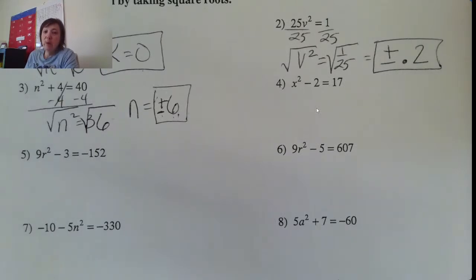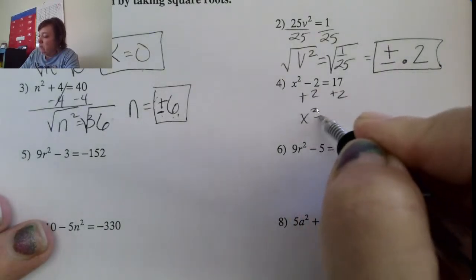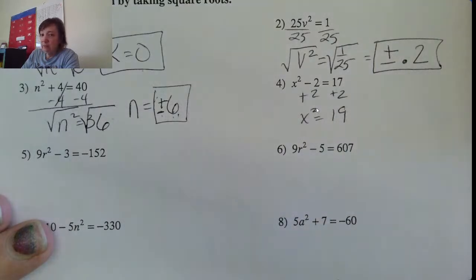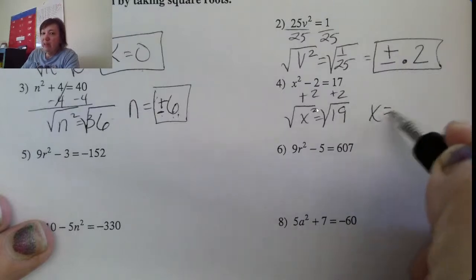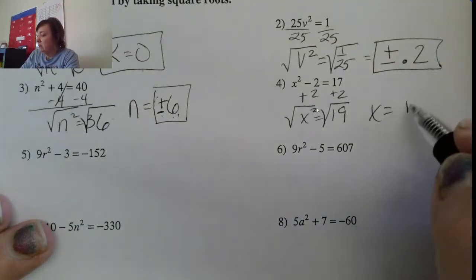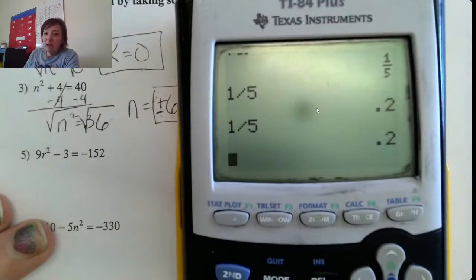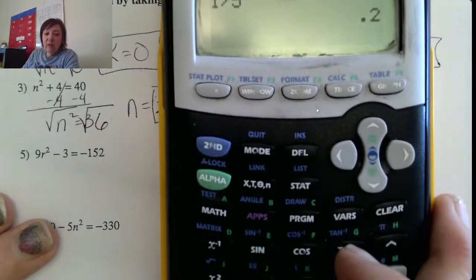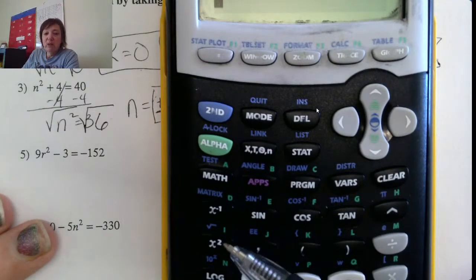Okay, on number 4. What are we going to do on number 4? Add 2. That's going to give me x squared equals 19. Then what? Square root it. And so I can just plug that in my calculator and get a number to round to the nearest tenth. On your calculator, do you see the button that says x squared right there? See how it's above it in blue?